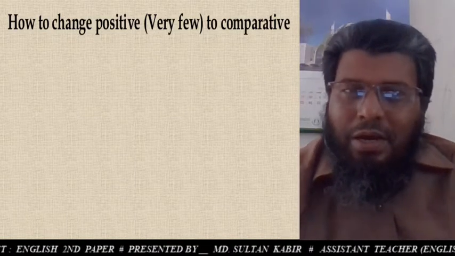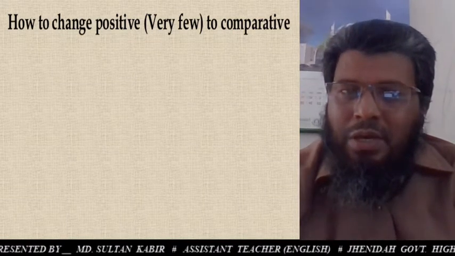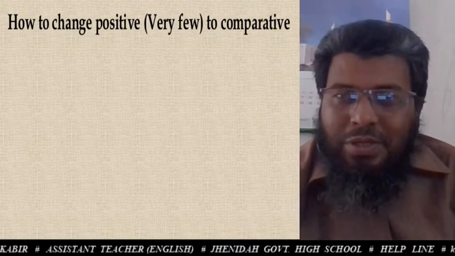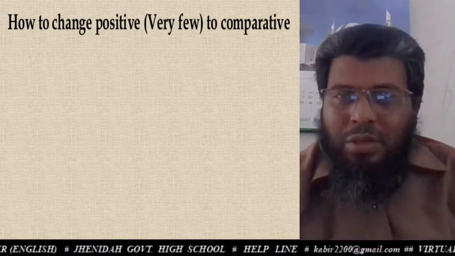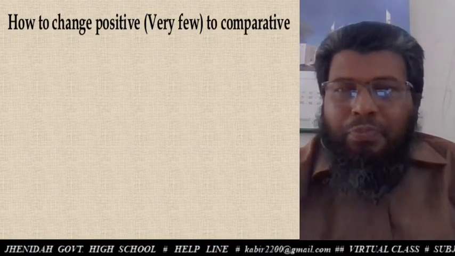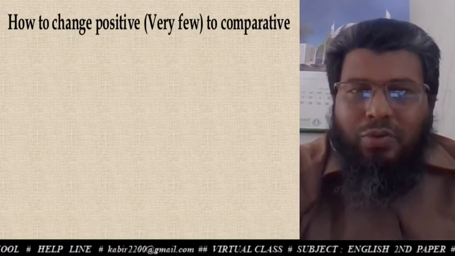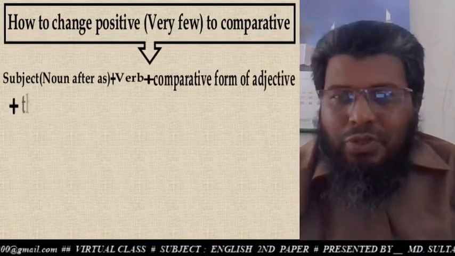One is a positive degree starts with a noun or pronoun. The second one is the positive degree starts with no other. And the third one is a positive degree that starts with very few. If the positive degree starts with very few, how can we change this positive degree to comparative? Look at this structure here.